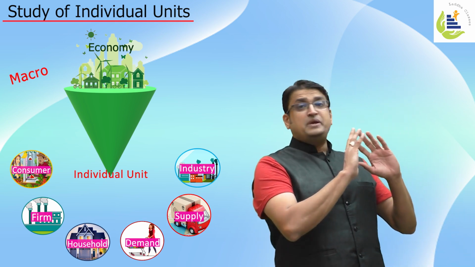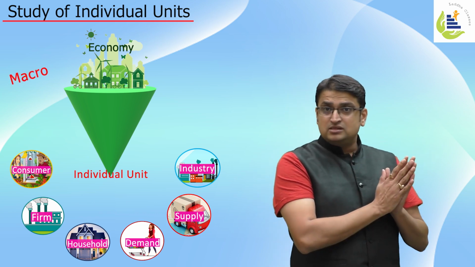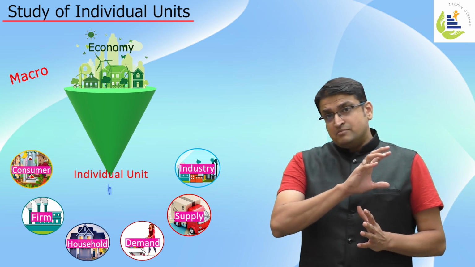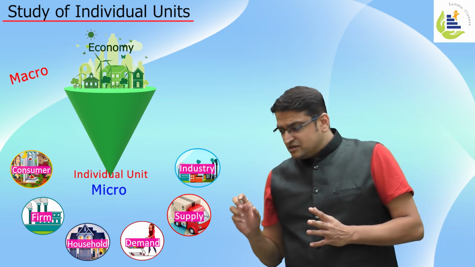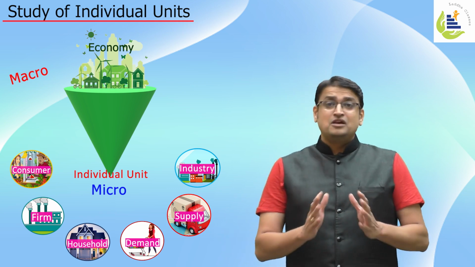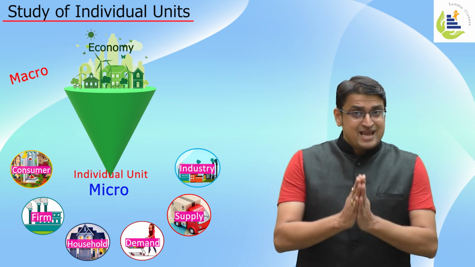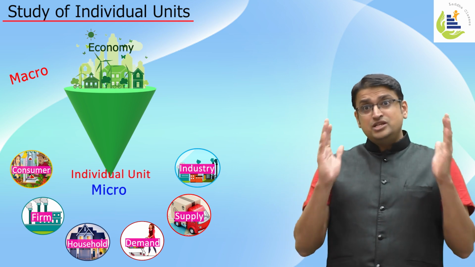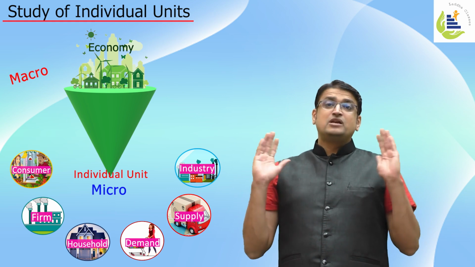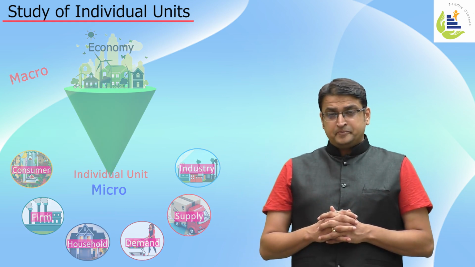For those bigger macro level economic variables, in microeconomics we study them at a very micro, individual level. And hence we study in microeconomics the individual unit. It is a study of individual units of a bigger economic variable.